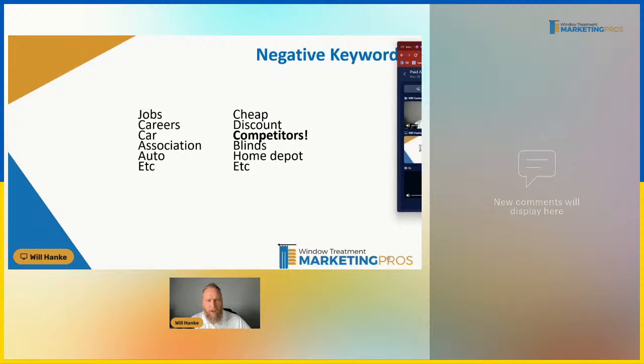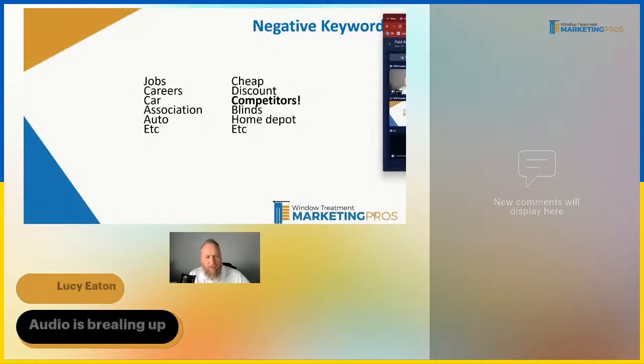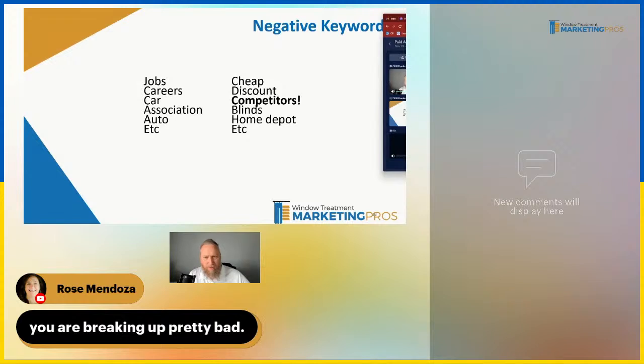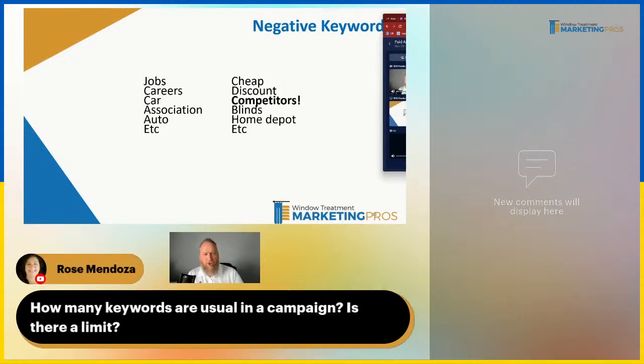So, all right, I got a comment here to look at the chat, so I want to make sure I'm looking at these. Audio is breaking up. Well, hopefully that fixes itself. How many keywords are usual in a campaign? Is there a limit? There's no limit. I don't know overall how many keywords we use.